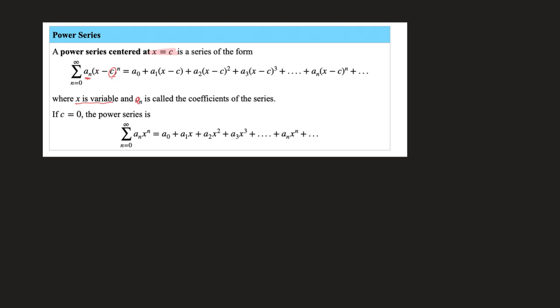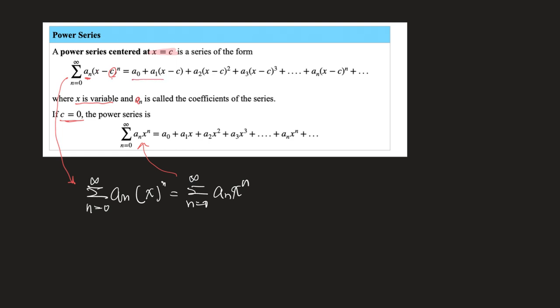A very special power series is when the center is 0. When your center is 0, the summation from n equals 0 to infinity of a_n times x^n.